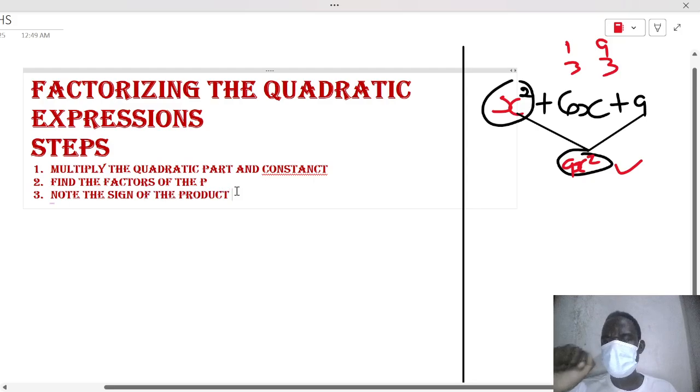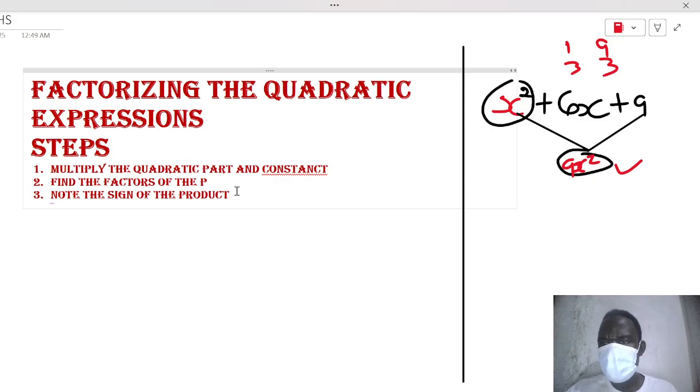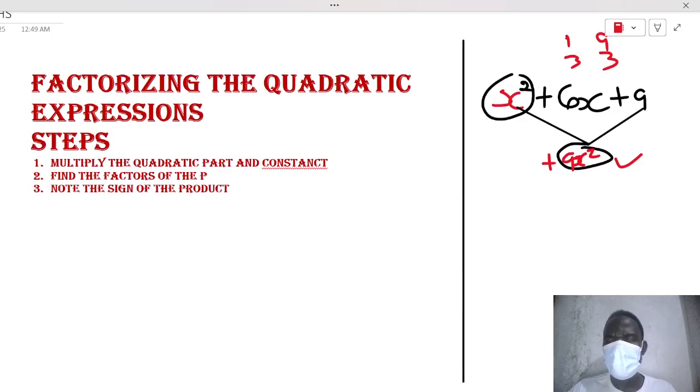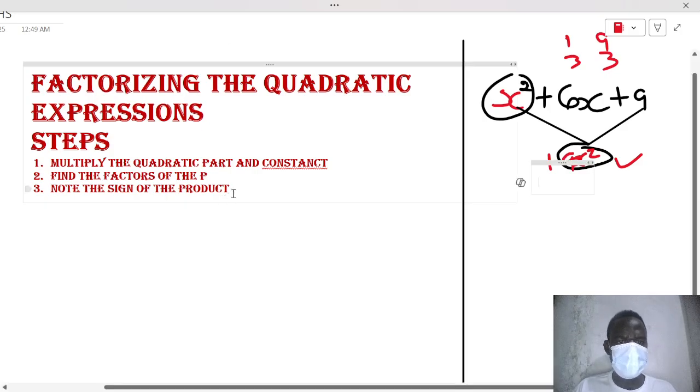Our product is 9, so if you check the sign there, our sign here is positive. Positive sign means something, so let us now interpret that. Step 4 is to interpret the signs.